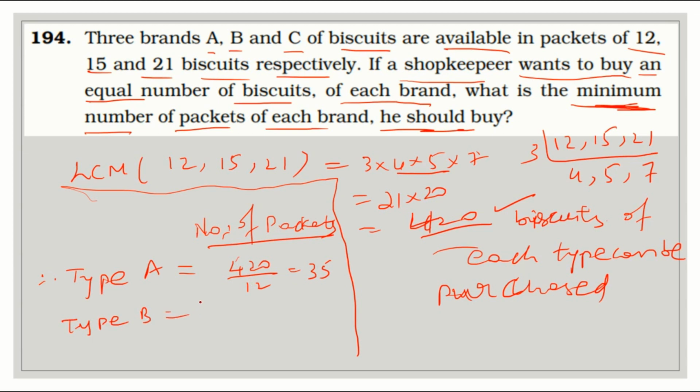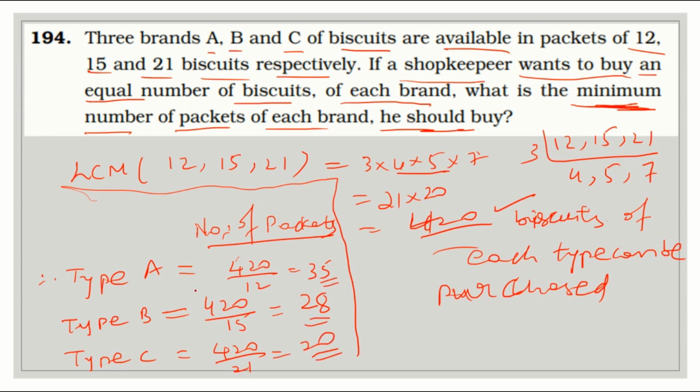Type B, 420 by 15 to be ordered, which gives 28 packets, and type C, where each packet contains 21 biscuits, so we need to order 20 packets.